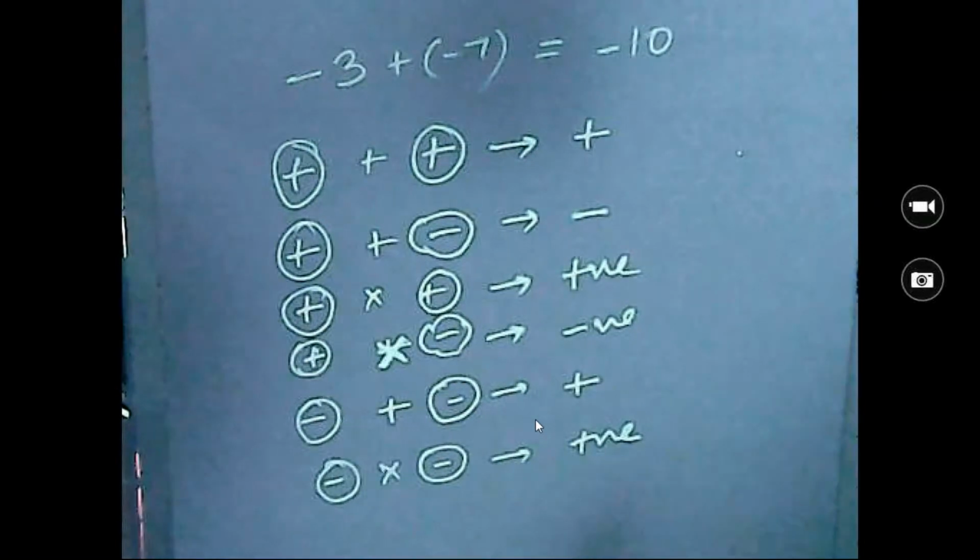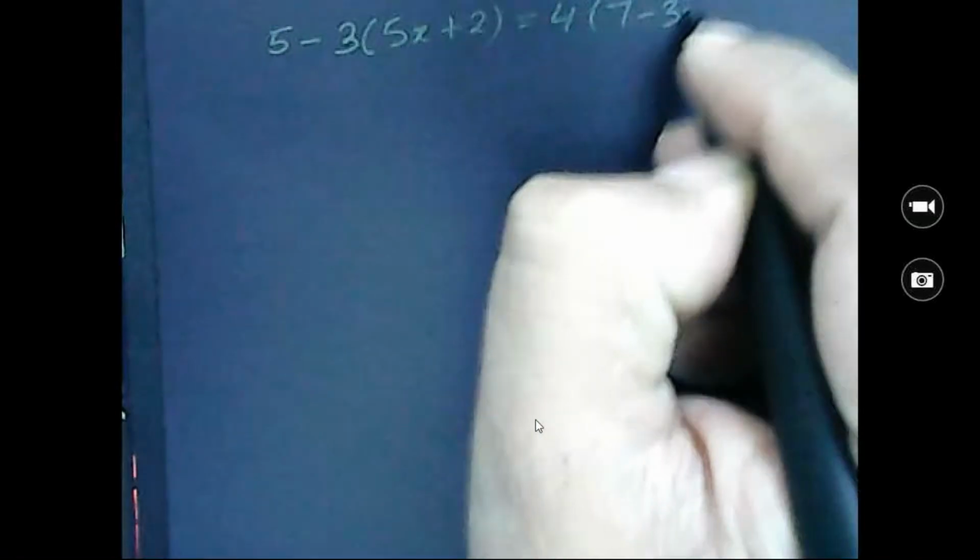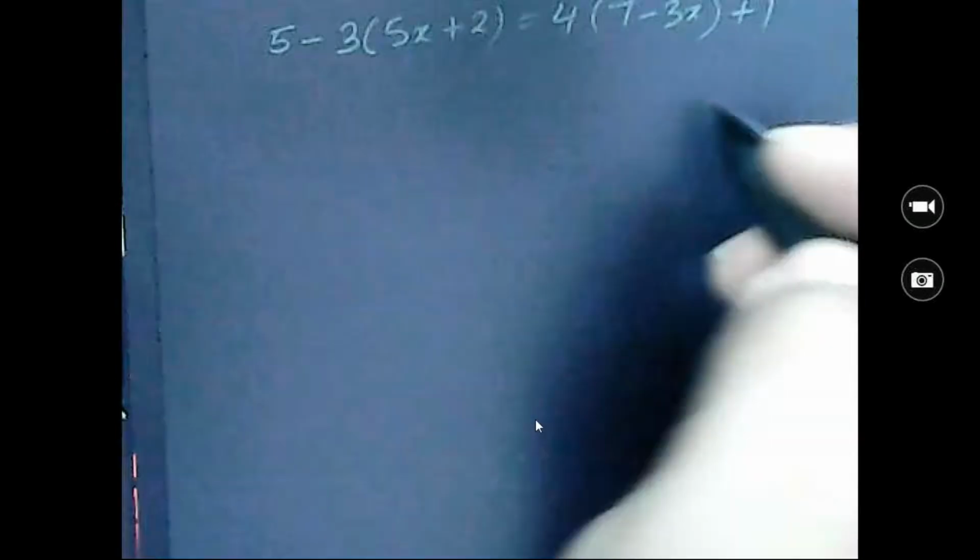So let's try a few questions here. Let's say we have to solve an equation like 5 minus 3 times (5x plus 2) equals 4 times (7 minus 3x) plus 1.